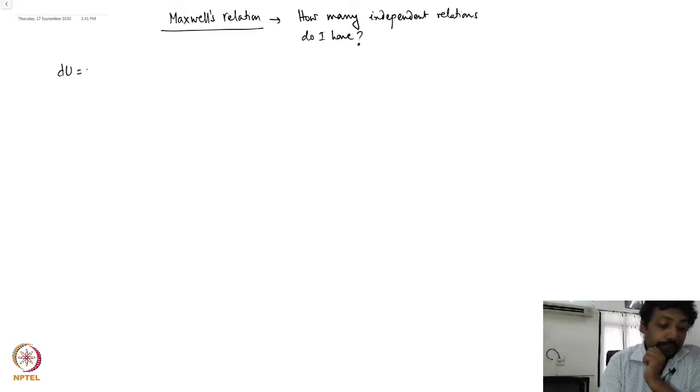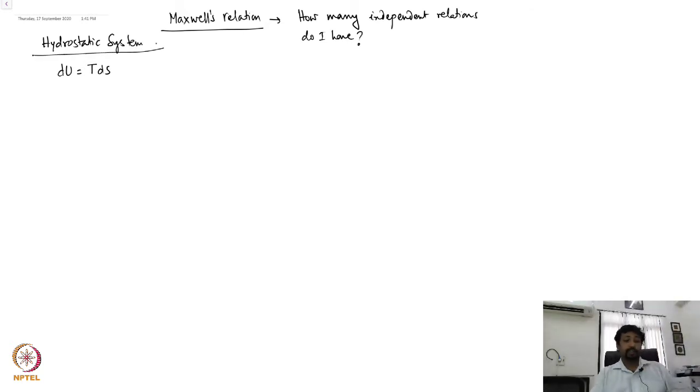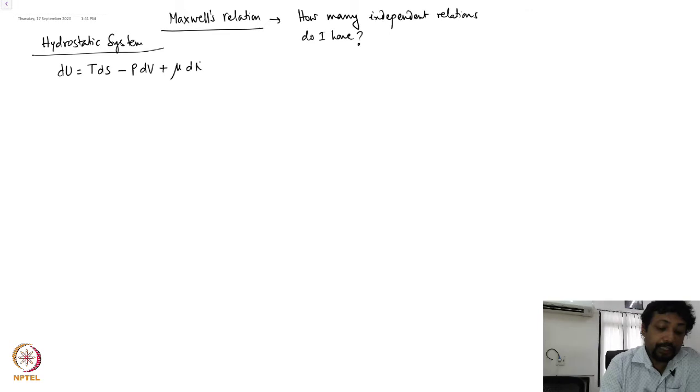This is for a hydrostatic system we are looking at. For a hydrostatic system, TdS is dU plus PdV, therefore dU is TdS minus PdV plus mu dN. Always remember the first law.